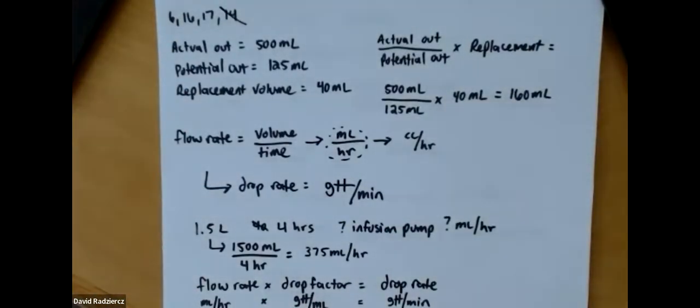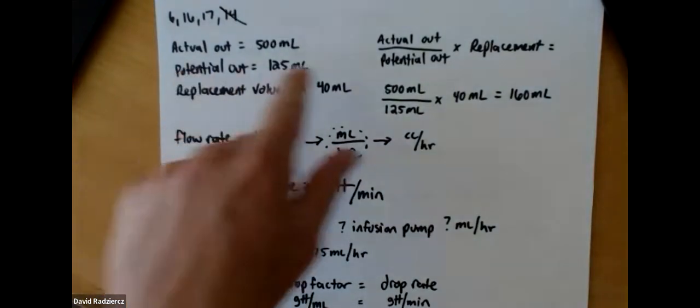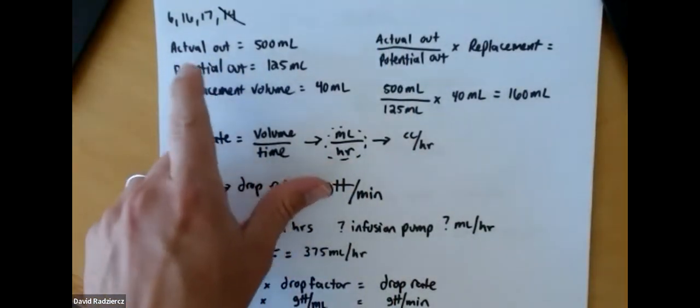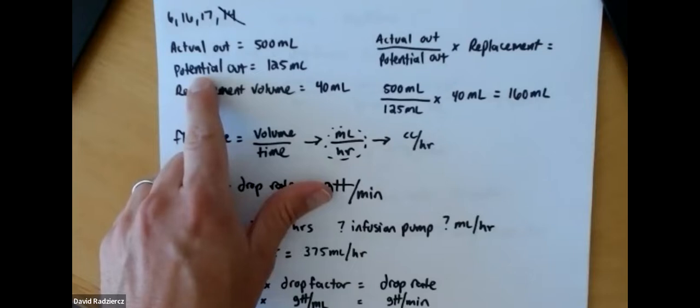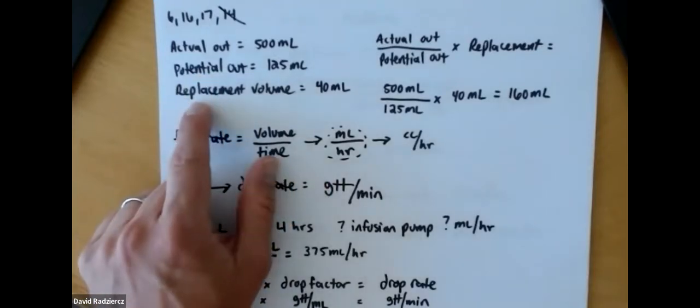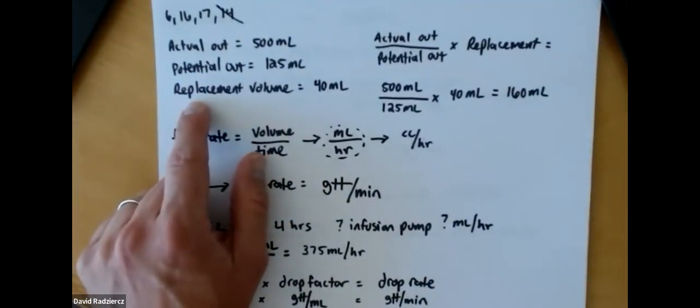Sometimes the sentence will say, you will replace 40 milliliters via PEG tube for every 125 milliliters lost, and in the last 4 hours they lost blah. What is your replacement volume? You just need to be able to identify those things still. So your actual output was 500 milliliters. The potential output in this question number 6 was 125 milliliters, and the replacement volume was 40 milliliters.